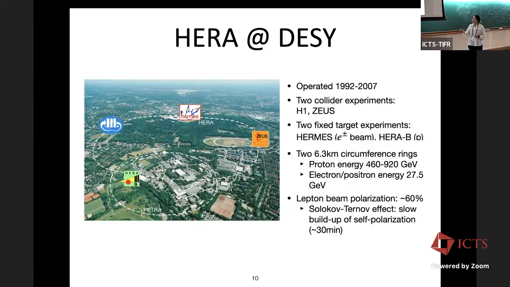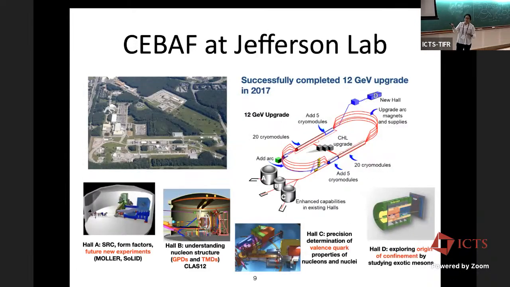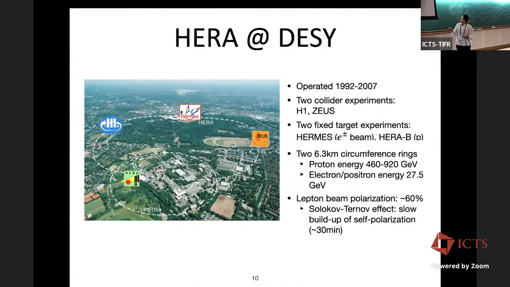All right, so normally in other facilities, if you want a polarized beam, you have an injector that already has a polarized source. For example, CEBAF here has polarized electrons, and you start from an injector that's already polarized. But HERA had self-polarization from the effect of synchrotron radiation emission.